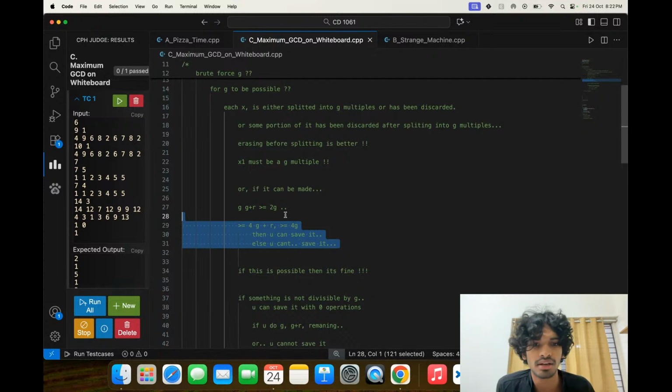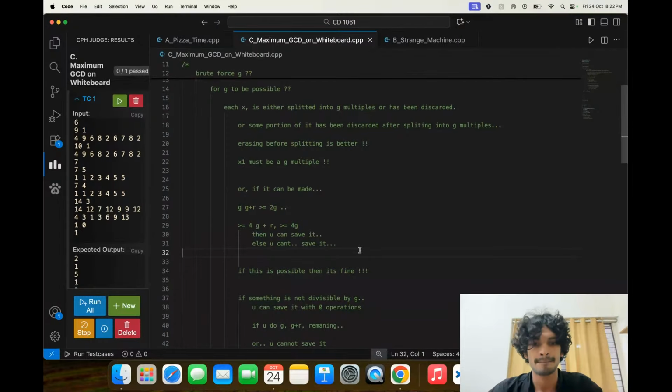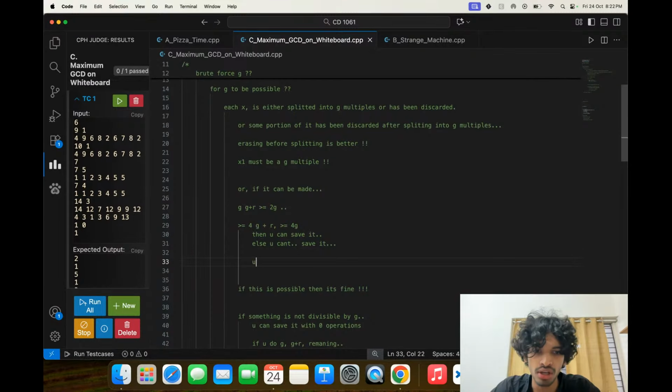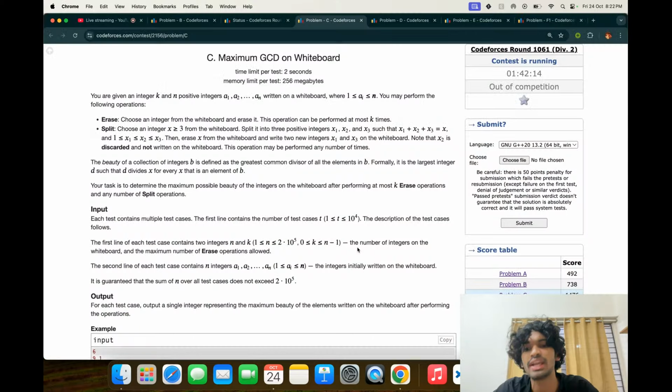And now if you look at the remaining things, so for each g, when you are brute forcing, you have to see, is there something less than or equals to 4g? Okay. So you want the number of non-divisors less than or equal to 4g, less than or equals to k, so you can throw them all away.